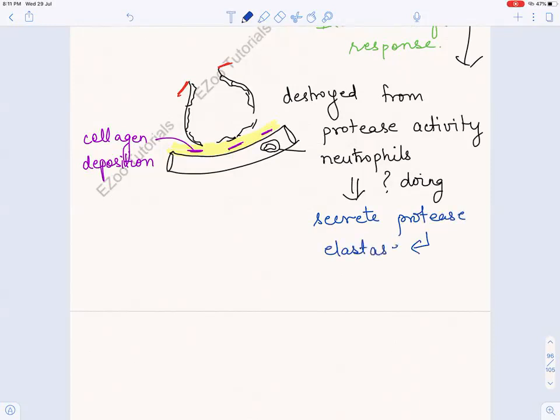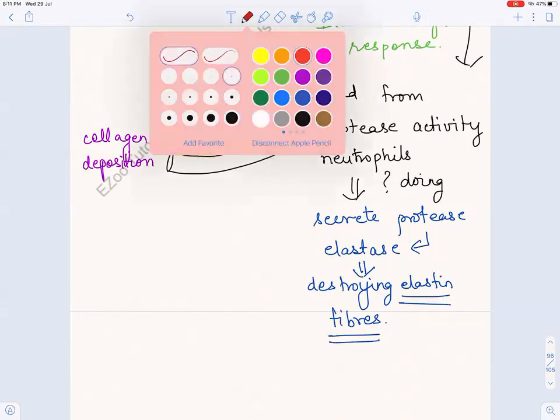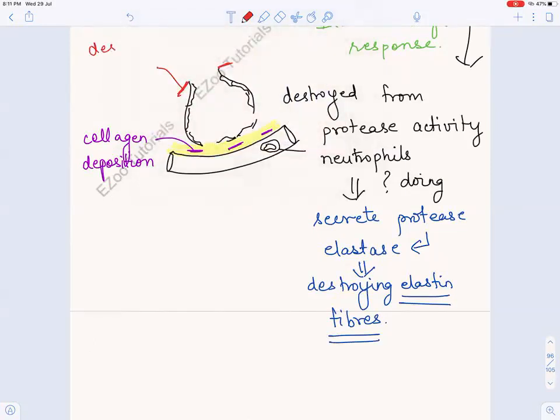And what is elastase doing? It is destroying elastin fibers. You saw these elastin fibers, so these are the destroyed elastin fibers.